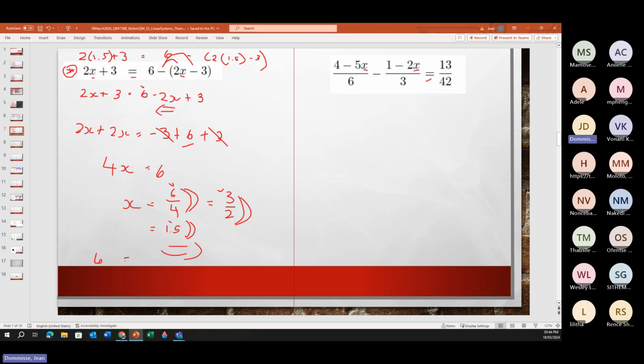So on the left-hand side, we've got 6. On the right-hand side, 2 times 1.5 is 3. 3 minus 3 is 0. 6 minus 0 is 6. So we can see that our answer was correct.